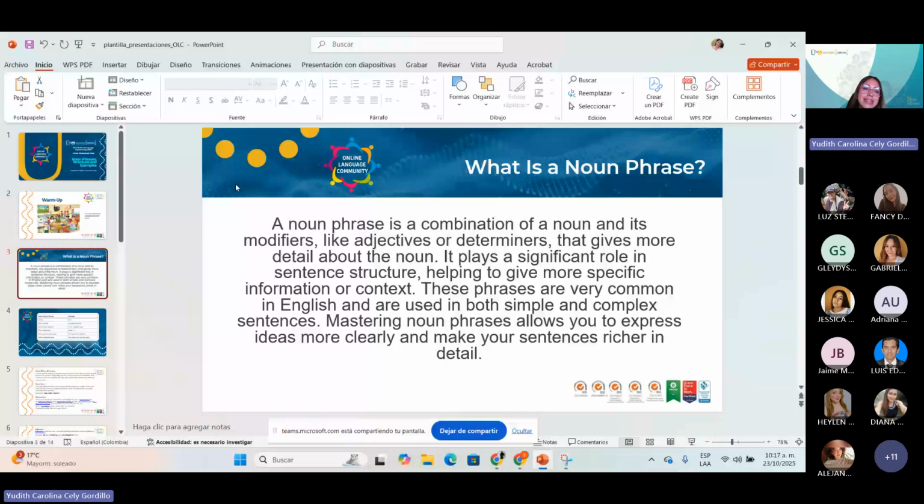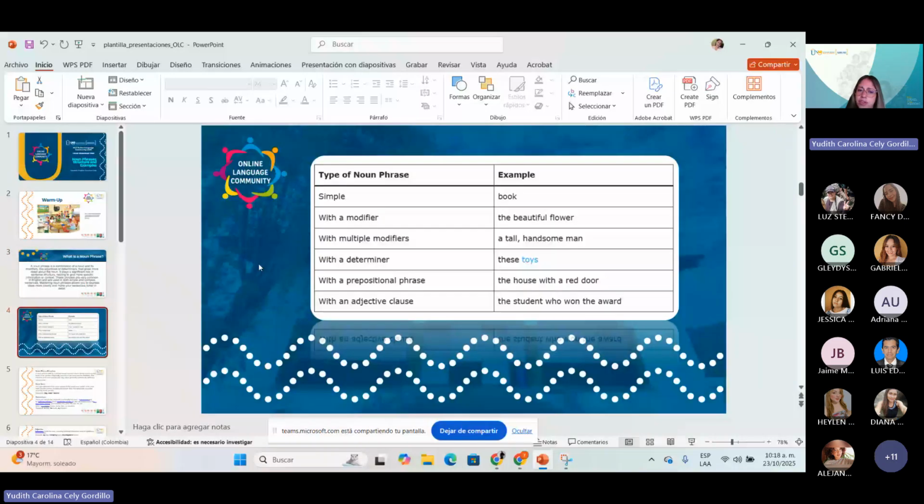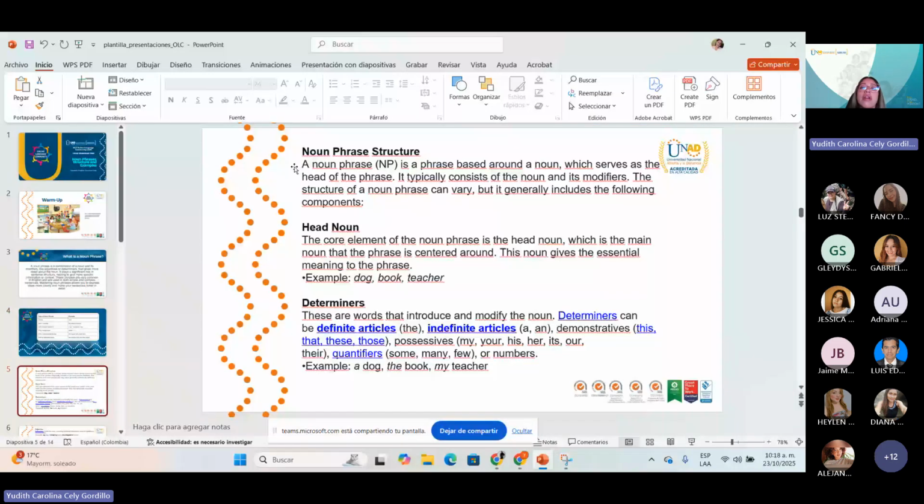Okay, we're going to identify the different types of noun phrase. You can find many differences. The first one is the simple one, yeah? What is the simple noun phrase structure? This is a phrase based around a noun, which serves as the head of the phrase. This is the head of the phrase.